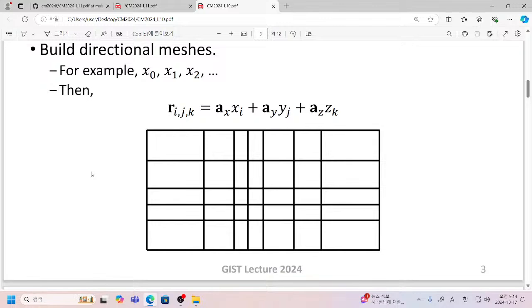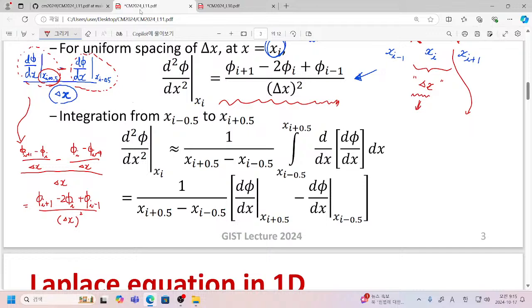When you have a look at this x directional mesh, you can immediately find that here we have point, point, and point, point, point. So in this case, we cannot say that these points are distributed with uniform spacing. So in general, we cannot assume uniform delta x spacing. Then how can we generalize our previous approach to this non-uniform case? So let me just do it together with you.